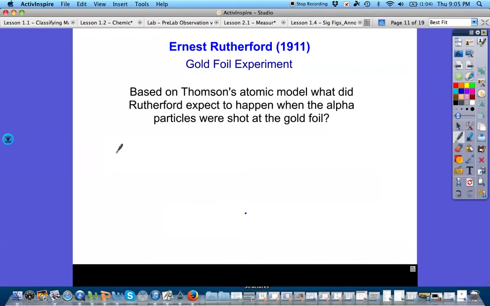So based on Thomson's atomic model, Rutherford expected that the alpha particles that were being shot at the gold foil would pass straight through. So this was his hypothesis.